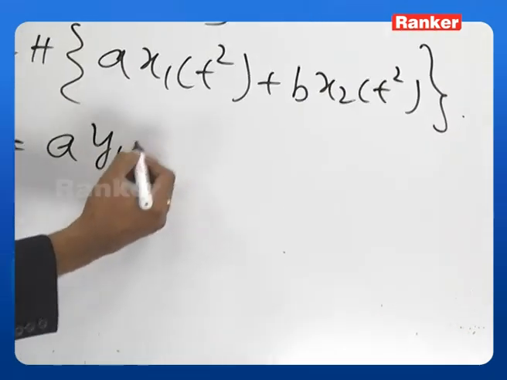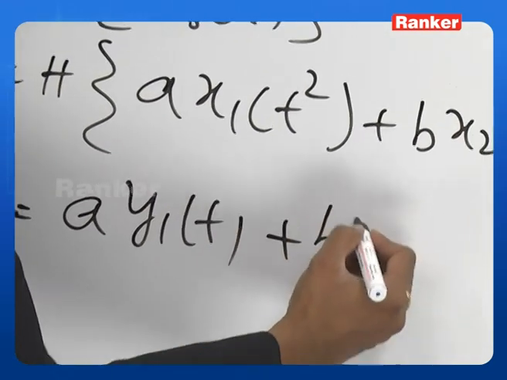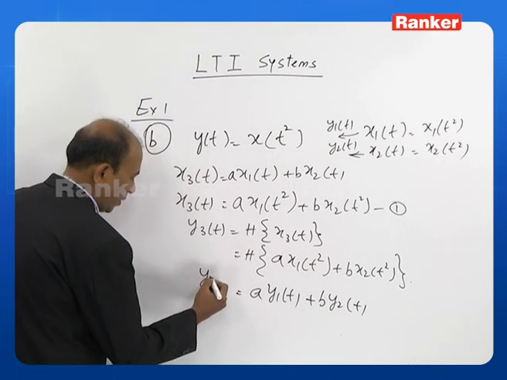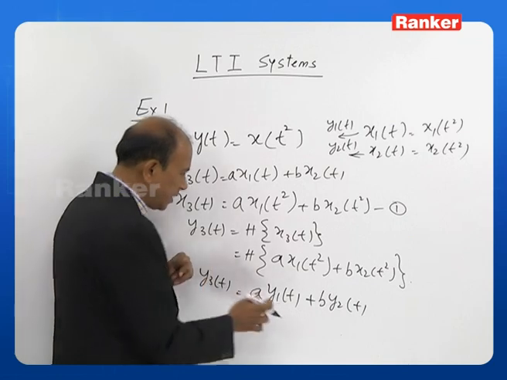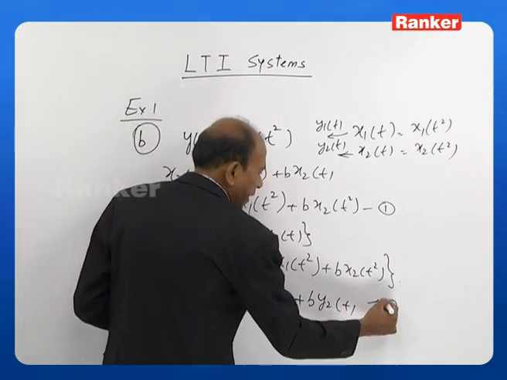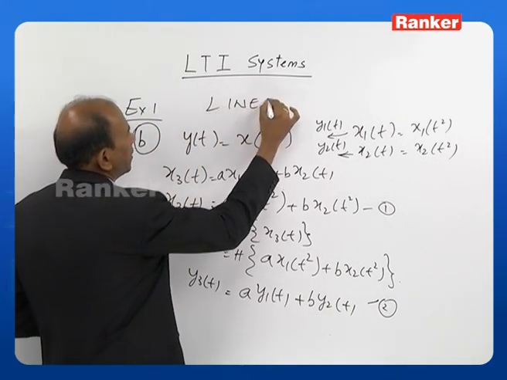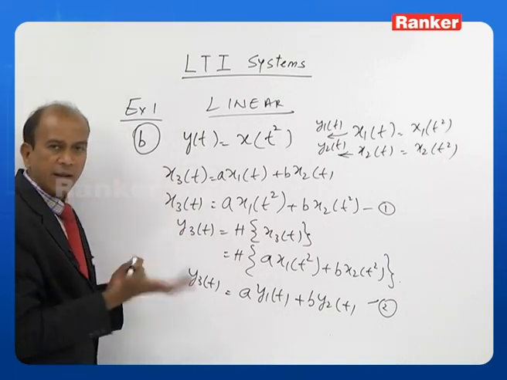So, this will be a y1 of t plus b y2 of t, and this is equal to y3 of t. Now, if you look at these two equations, it is again satisfying the superposition principle and the system is said to be linear. The system is in fact a linear system.